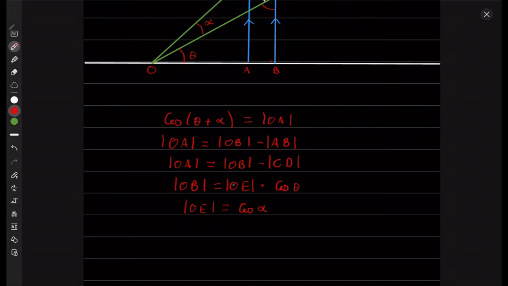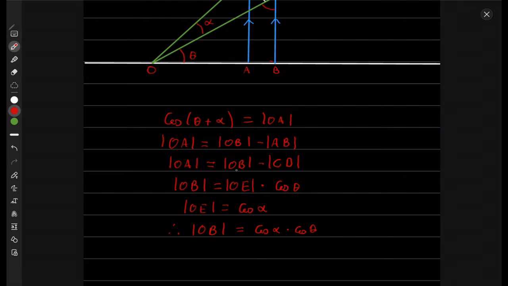We can put this back into the equation and say therefore OB is equal to cos alpha times cos theta.